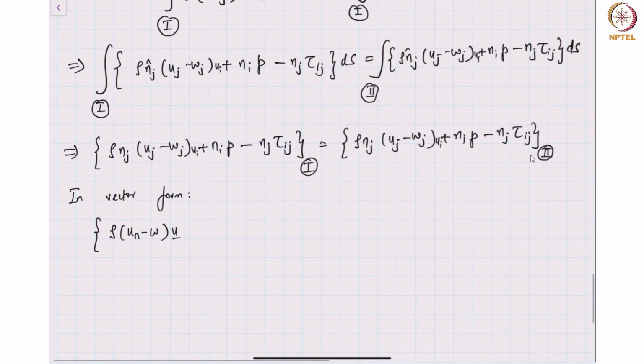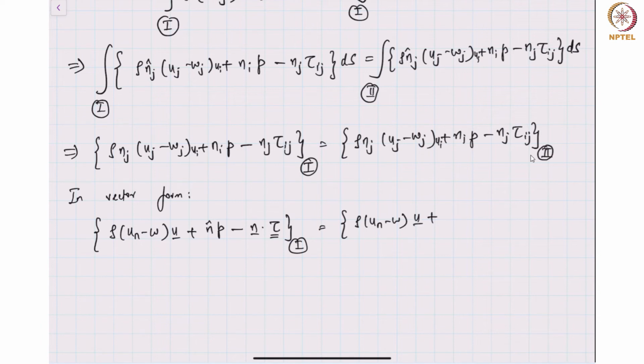If I write this in vector form, I have this plus n hat p minus n dot tau over region 1. This is the vector equation because in every term I have exactly one vector, and this is over region 2.